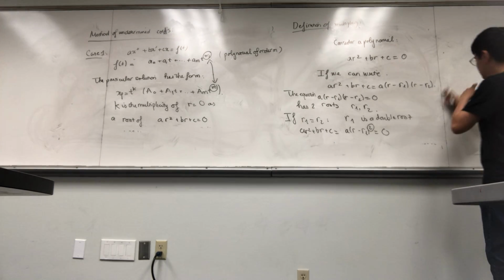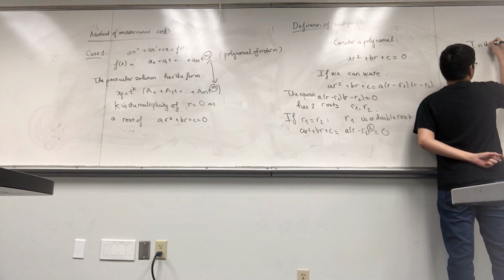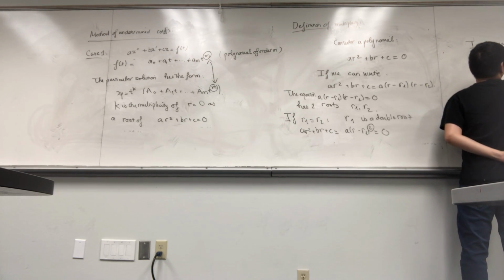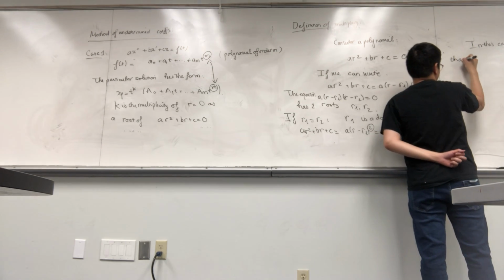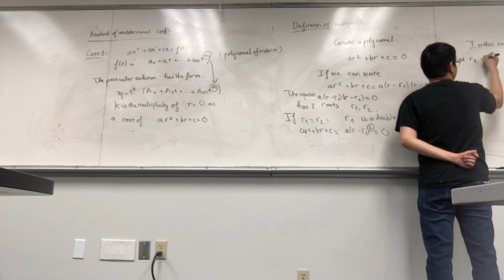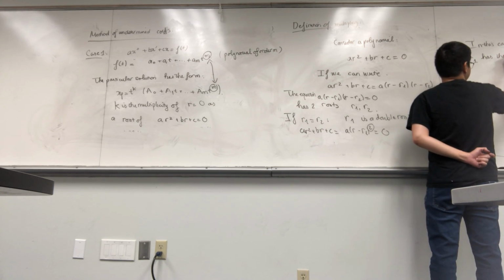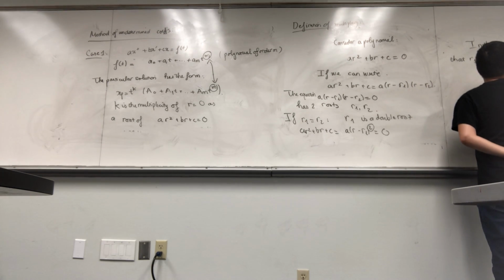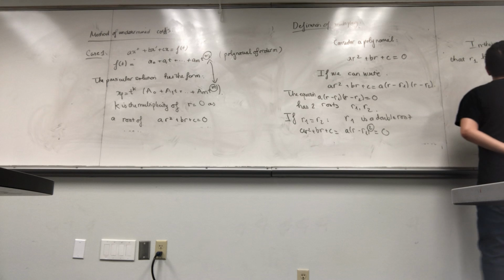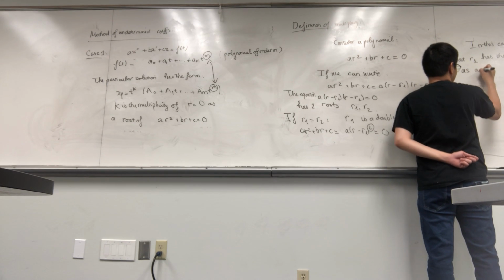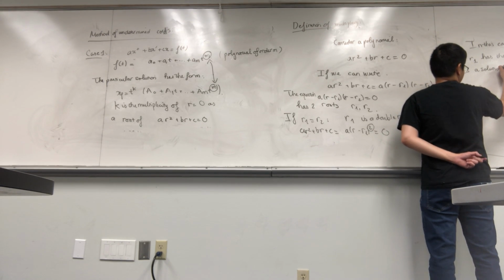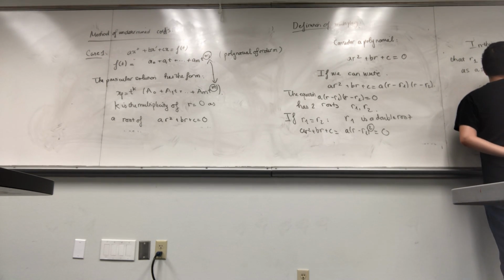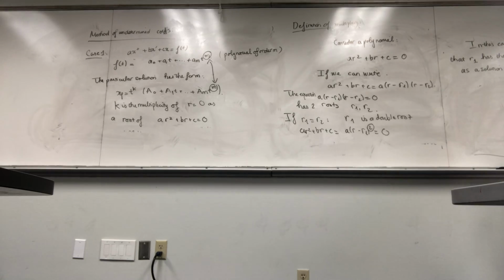So in this case, we say that R1 has the multiplicity as a solution of AR squared plus BR plus C is 0, right?